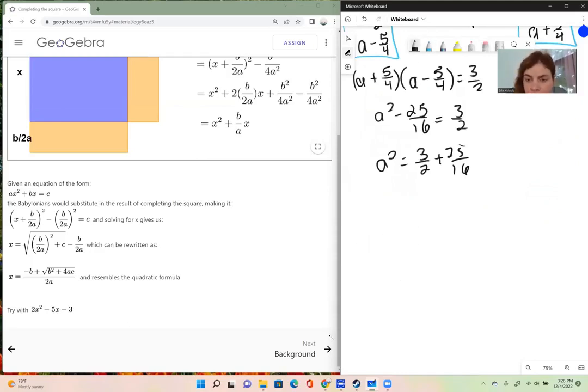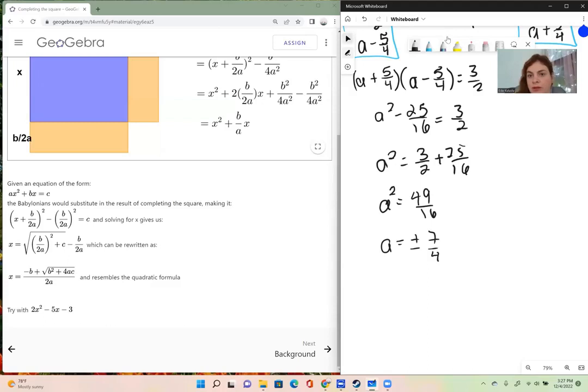So we have a squared equals 24 over 16 plus 25 over 16, so a equals plus or minus 7 over 4.